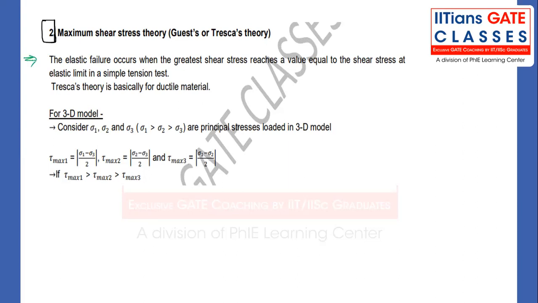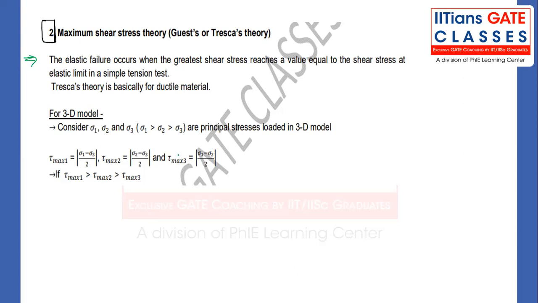Note the statement. Elastic failure occurs when the greatest shear stress reaches the value which is just equal to the shear stress at the elastic limit in a simple tension test. It is basically applicable for ductile material.